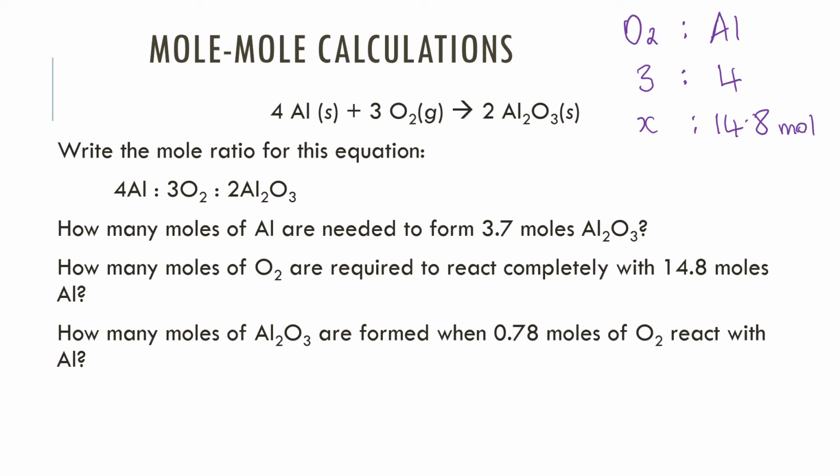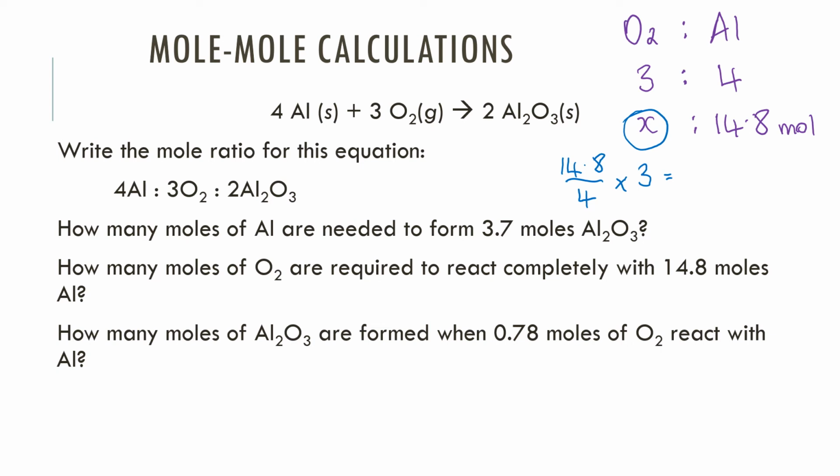To work out this unknown value, we need to look at our mole ratio. For 14.8 moles of aluminium, we know that we need 4 moles of that, so if we divide by 4, it gets us to 1 mole of aluminium. If we then multiply that by 3, that will tell us how many moles of oxygen are required for this reaction to occur.